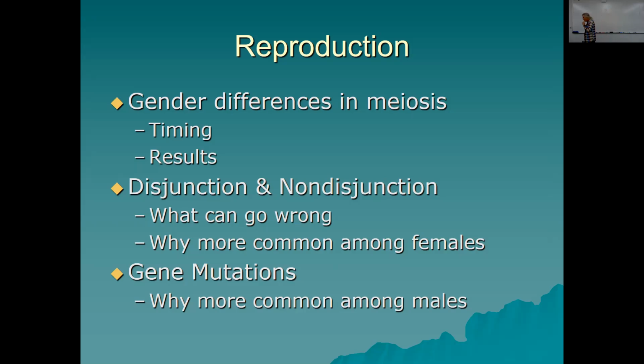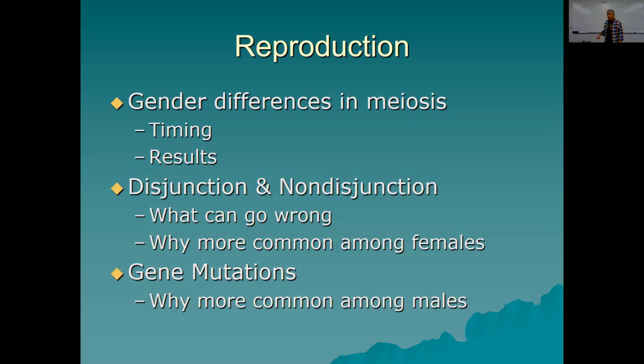Okay, disjunction and non-disjunction. Disjunction happens in anaphase 1 or 2 of meiosis. In anaphase 1, tetrads are supposed to separate, but sometimes they don't. Both homologous chromosomes go into 1 cell. So 1 cell will get an extra chromosome.